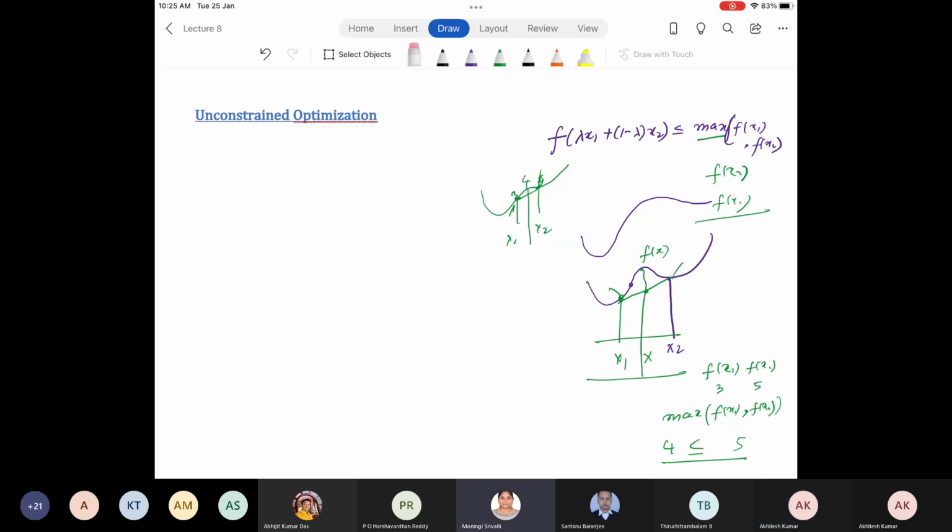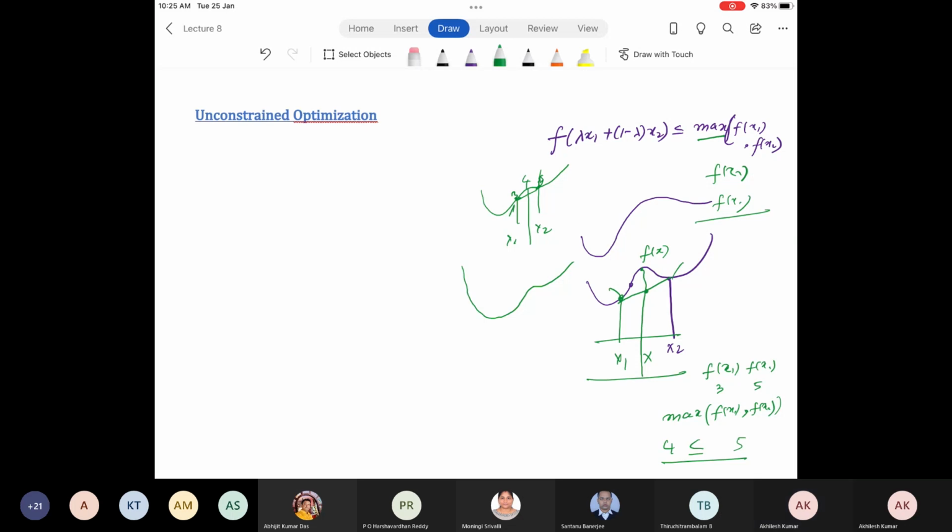But in this portion between x1 and x2, it looks more like concave, sir, not convex. It has a maximum within x1 and x2. Maybe I'm not able to draw it properly, but the idea is these small nicks and hills when you're trying to go up. It is a representative image.